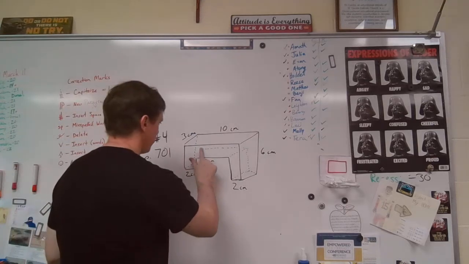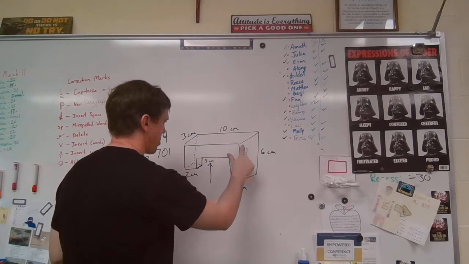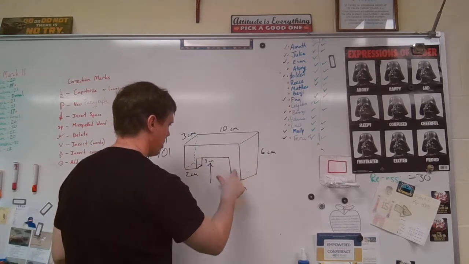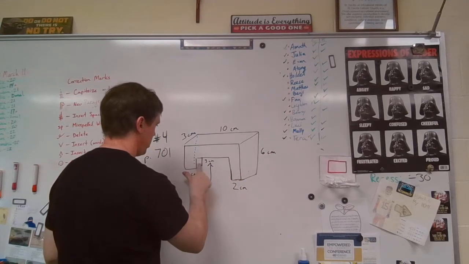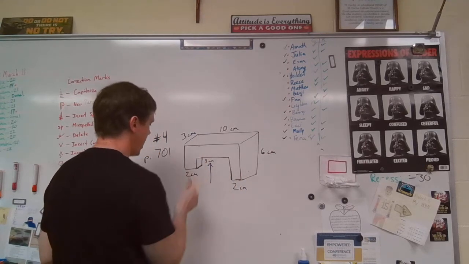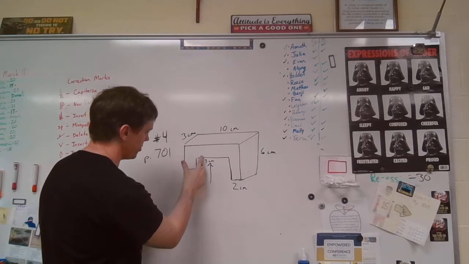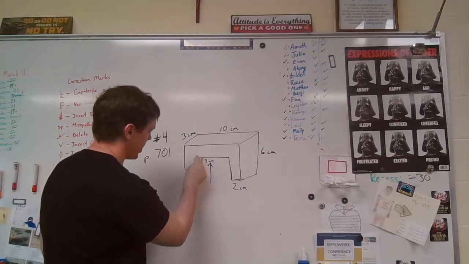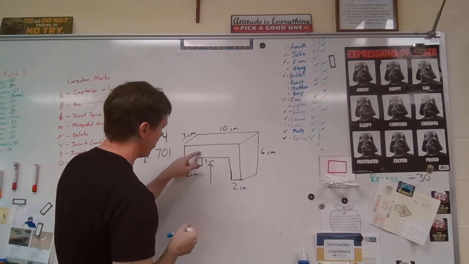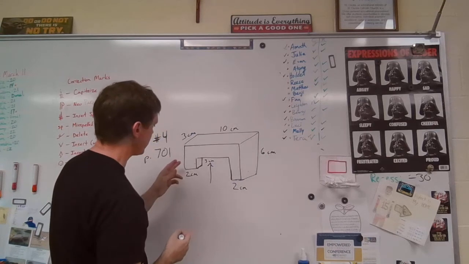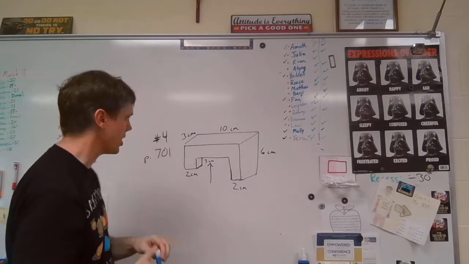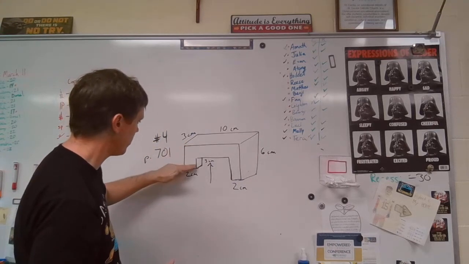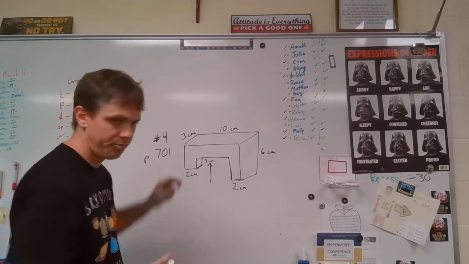But that's okay. Basically, the point is that that 3 there is not the distance from here to this line. Because remember, this actually extends up a little farther. Okay? So really what that's saying is that that 3 is the length of this leg coming down.